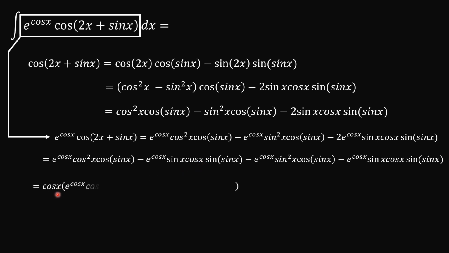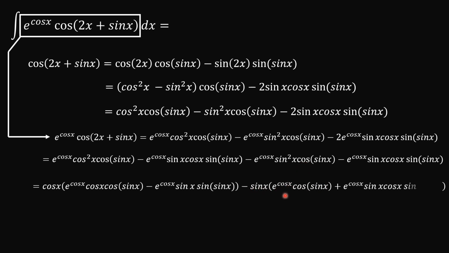So we have cosine x outside times e to the power cosine x cosine of sine x minus e cosine x sine of sine x. And then in the second combination, I would factor out sine x, so that I'm left inside the bracket with e cosine x cosine of sine x. Now I have mixed the sine x term here from the sine squared x.